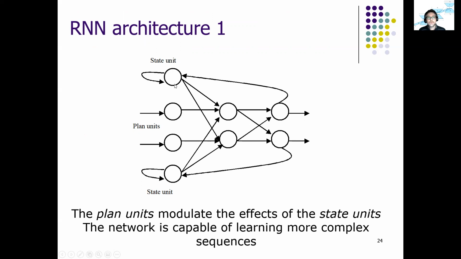He introduced the so-called state units, which remember the output state of the network. These state units can also have feedback connections, and they are used as extra inputs in this kind of architecture. So the network receives inputs from the environment, these are called plan units, but there are also these state units which remember previous activities, previous states of the network. And people have shown that this kind of network is capable of learning much more complex sequences.